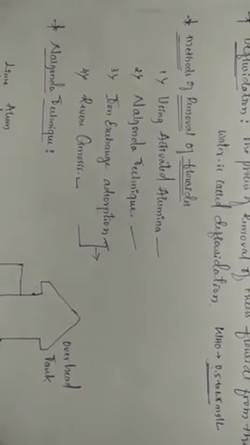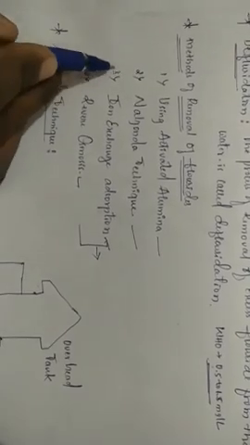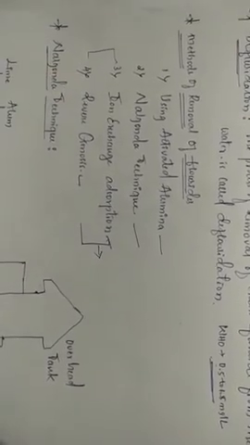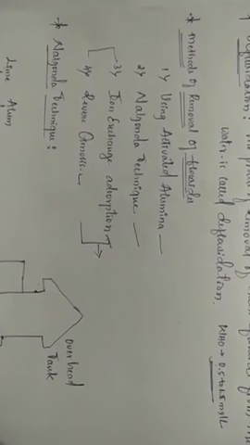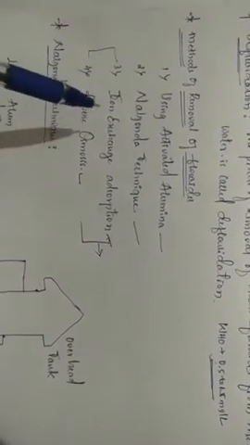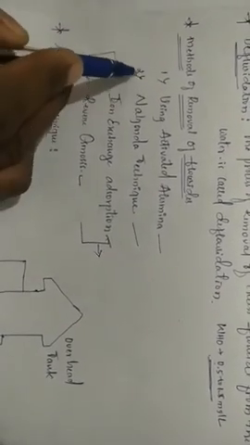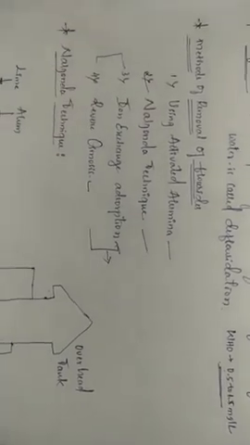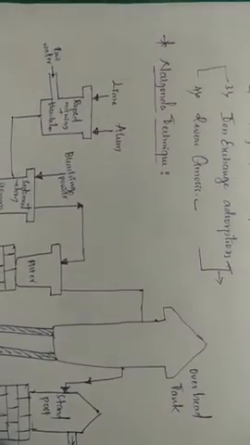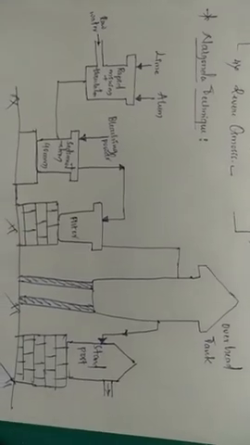In that topic, we will discuss more about reverse osmosis and ion exchange adsorption systems. Here in this topic, the Nalgonda technique is important. So let us discuss the Nalgonda technique of the removal of fluoride from the water.